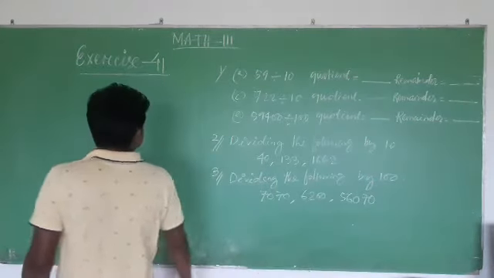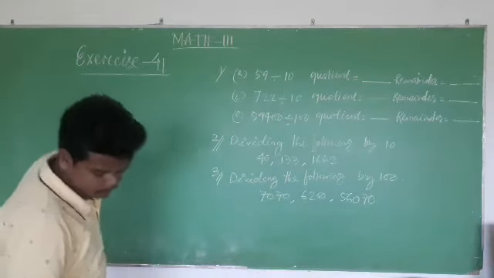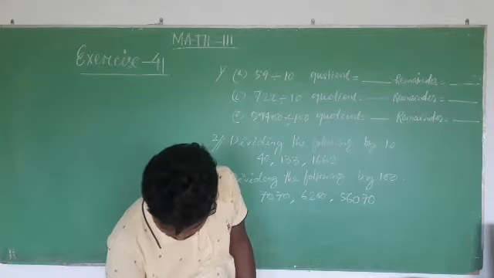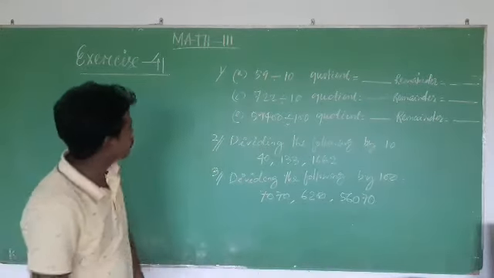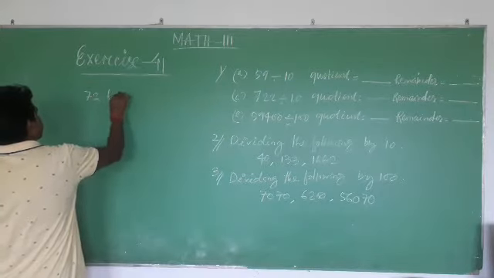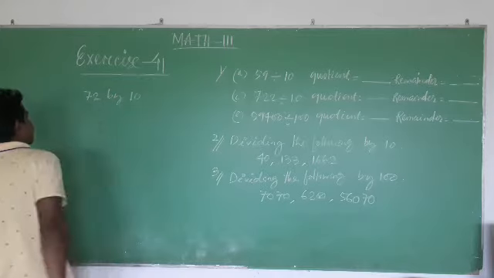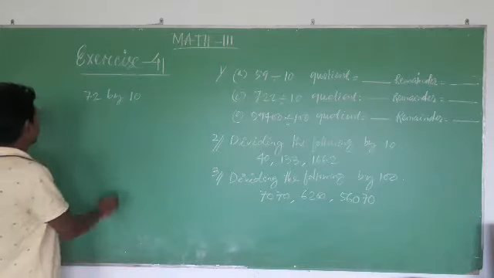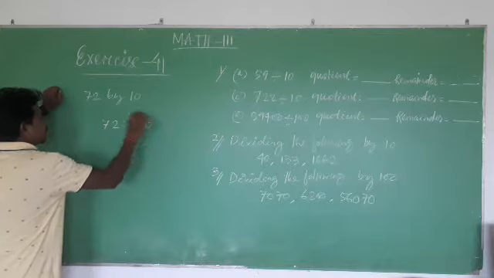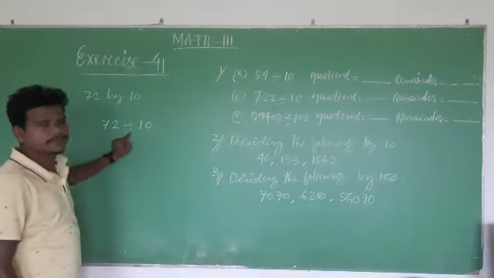See students, suppose we have a number here, that is 72. Divide 72 by 10. 72 divided by 10, this is the division sign.